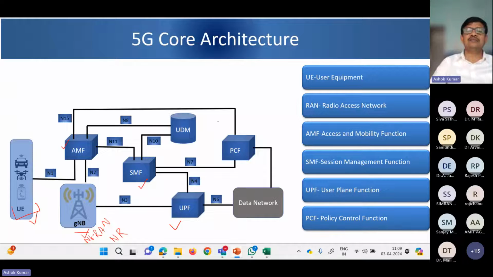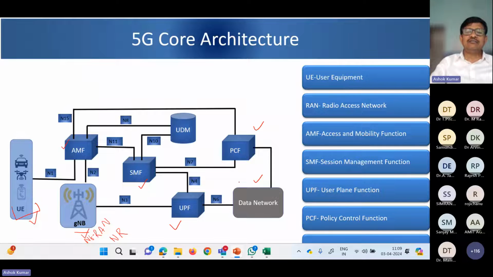And this is the PCF, policy control function. And of course, this will connect to a data network. Any service or any server providing service, we call it data network. So it connects to the data network. There are many more network functions, but these are the key network functions which we will try to cover in part 1 of our session.